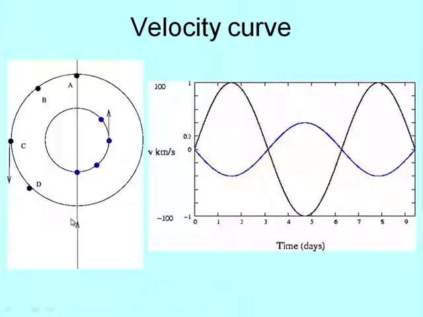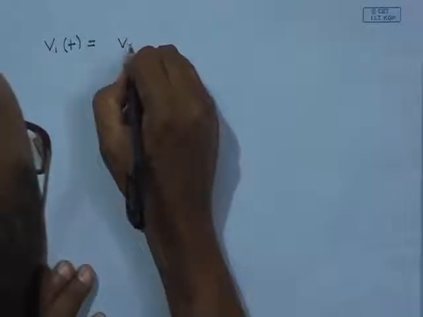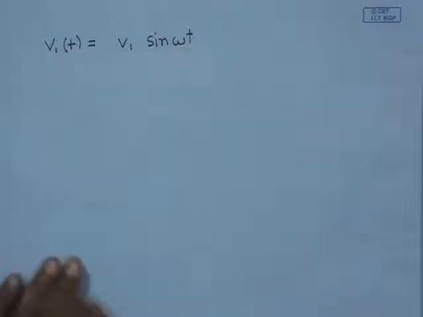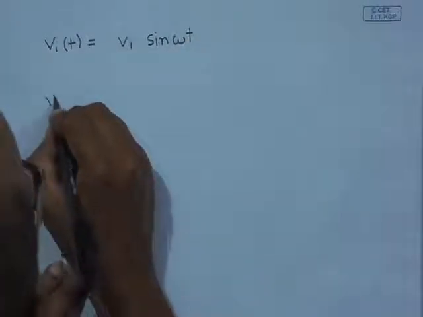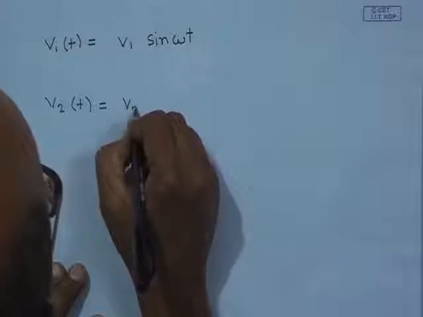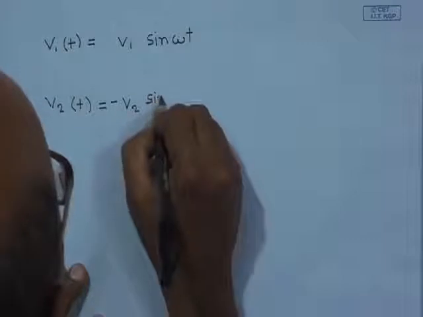What we will have is that the velocity that the observer infers from Doppler shift will go as v1 sin omega t for one of the objects, and for the other object it will be v2, the amplitude, with the minus sign, sin omega t.